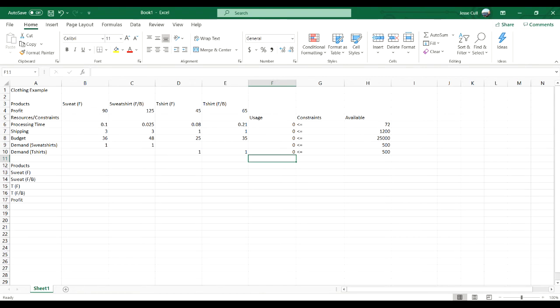So we've entered all 5 of our usage formulas. The last thing we need to do is enter our profit function, and we do that by computing all 4 of the product profits times the total number of goods we manufacture of each.